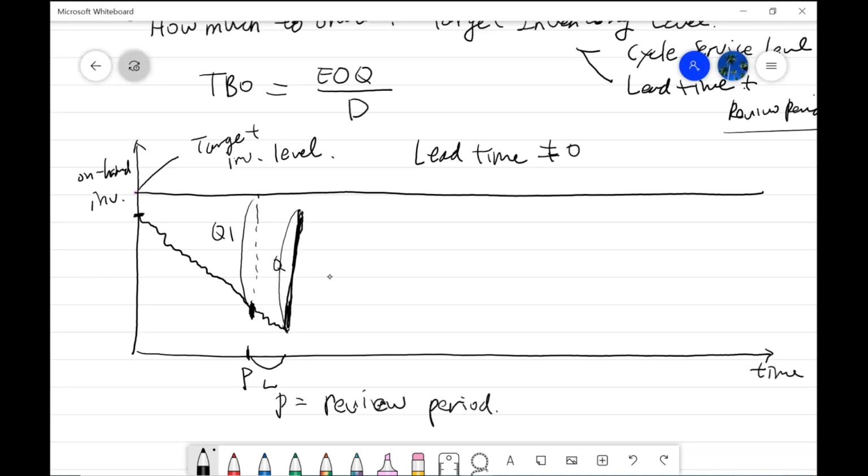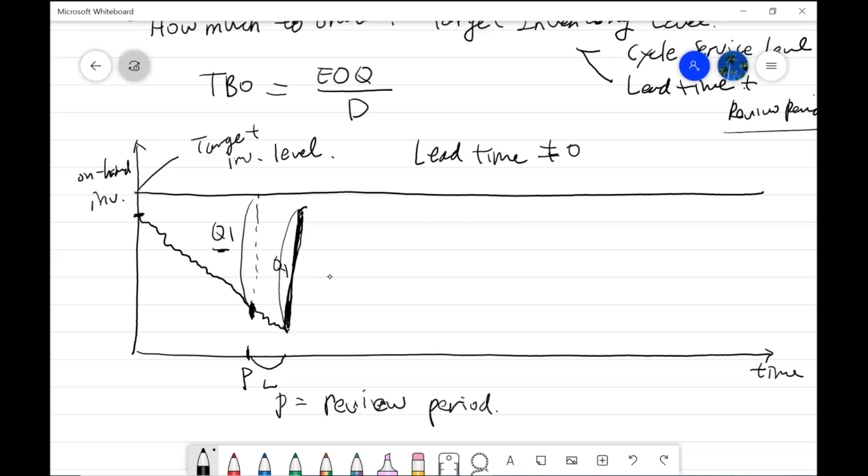This is why, when I first showed you Q1, I used a disconnected line, because that does not really happen. What really happens is that after the lead time is over, I receive the ordered product, and my inventory level increases by Q1. So in most cases, the inventory level does not actually reach the target inventory when I receive the ordered product.